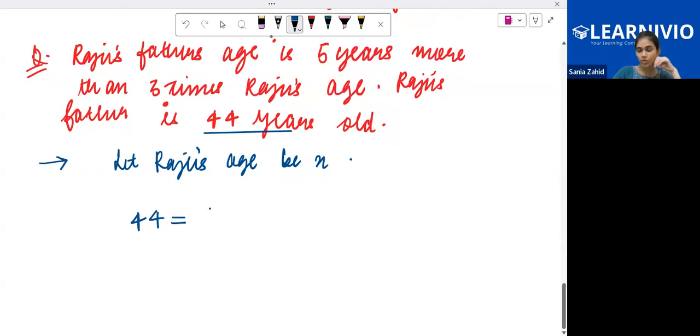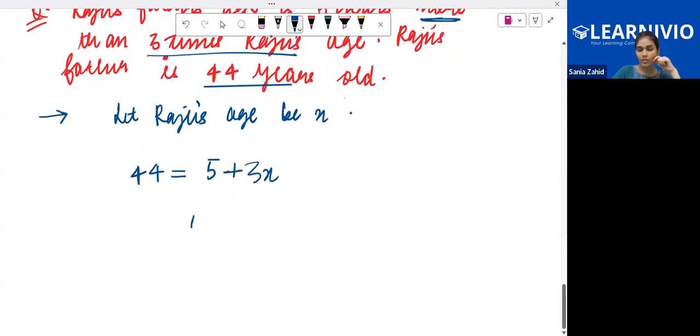More means to add and less means to subtract. So we will add 5 years: 5 plus 3 times Raju's age, 3x. Or write it as 3x plus 5 gives you 44.